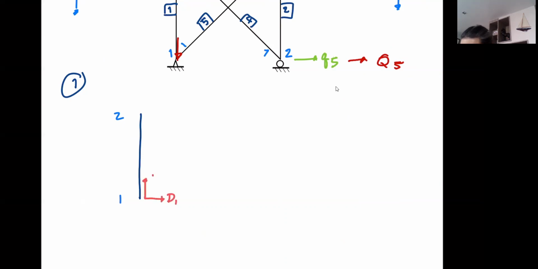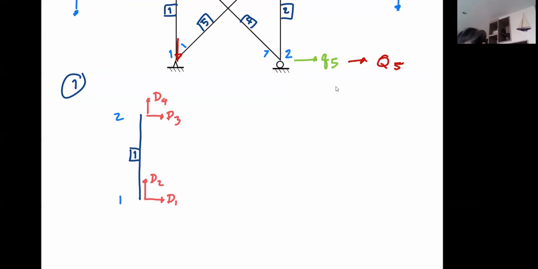My D2. Remember, these are the global displacements of member 1. And this is node 2, therefore this is D3 and this is D4. D1 and D3, the odd numbers, are in the X direction, and D2 and D4 are in the Y direction. Okay? So this is member number 1.